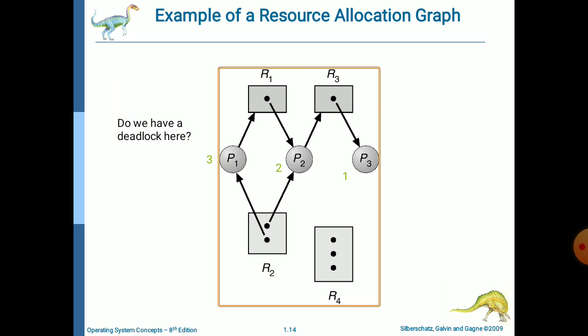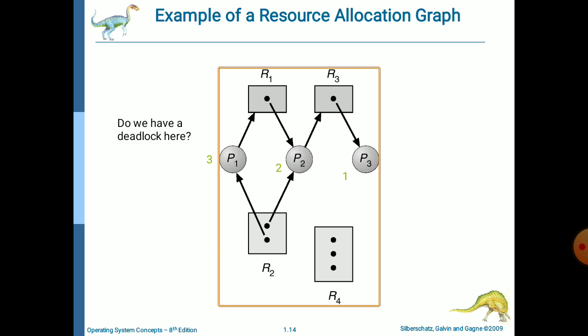Now consider the example of a resource allocation graph. Here processes are 3: P1, P2, P3. Resources are 4: R1, R2, R3, R4. Resource R1 has only one instance, R2 has 2 instances, R3 has 1 instance, and R4 has 3 instances.